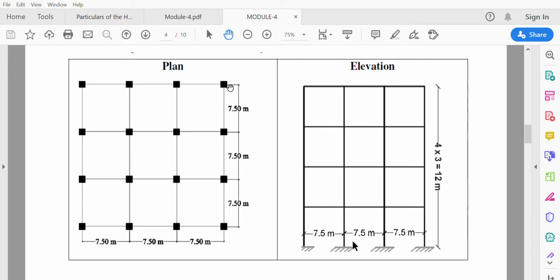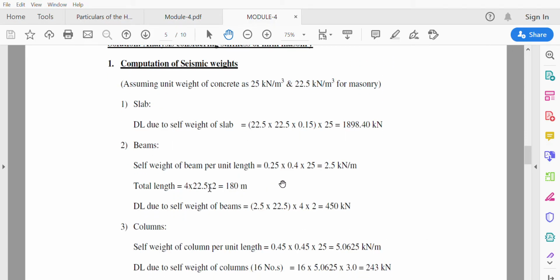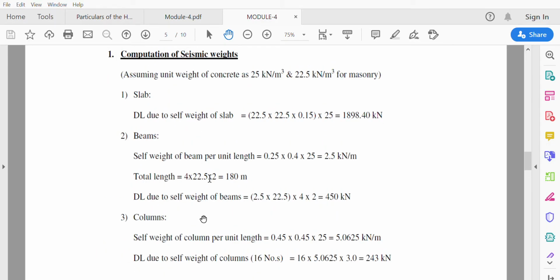Similarly, it is multiplied with 2 because for x and also for the y direction, the length of the beam is 22.5. Hence it is 4 into 22.5 into 2, so 180 meters. Dead load due to self weight of the beam is total length multiplied by the self weight of the beam. It is 450 kilonewton.